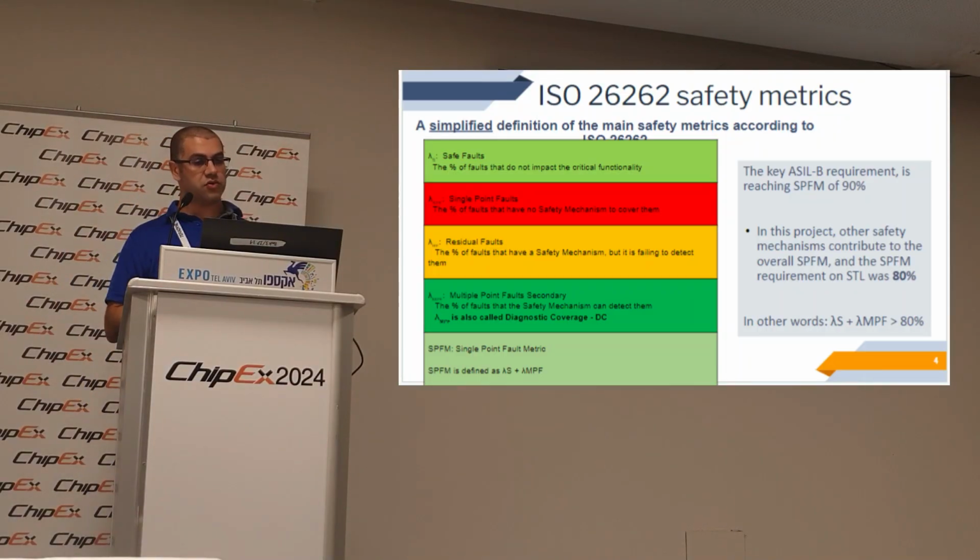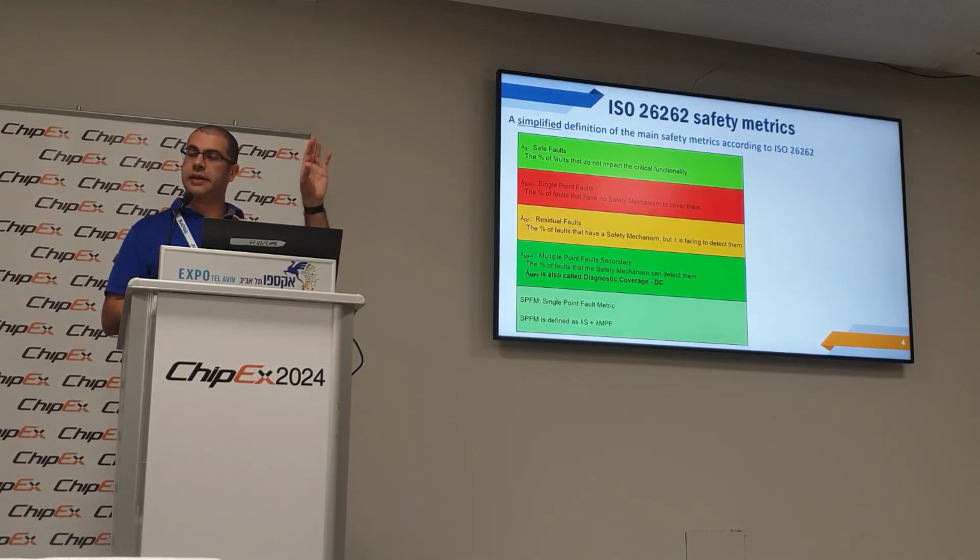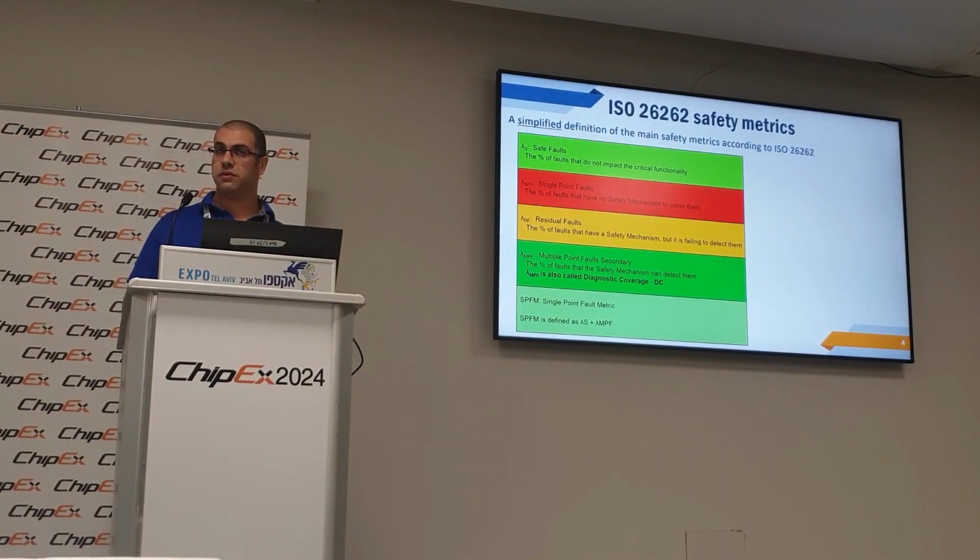This is the percentage of faults that have no detection mechanism covering them. So they can influence the critical outputs or the critical functionality of the chip, but have no detection mechanism covering them. This is a scenario that we want to avoid. We consider them the bad guys.